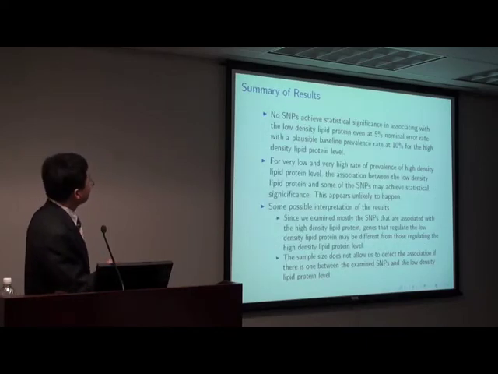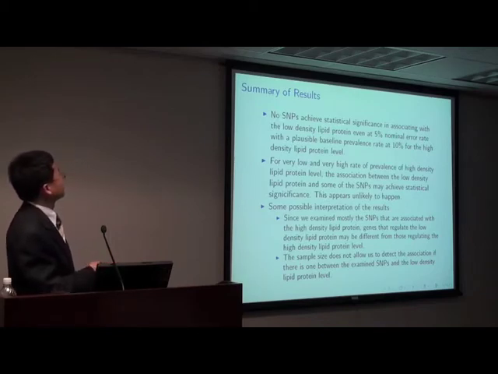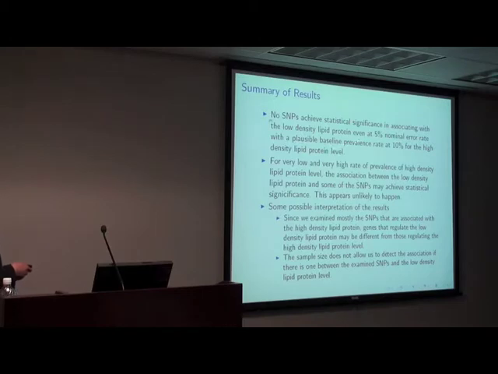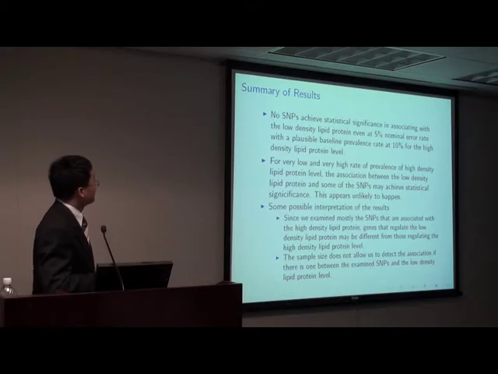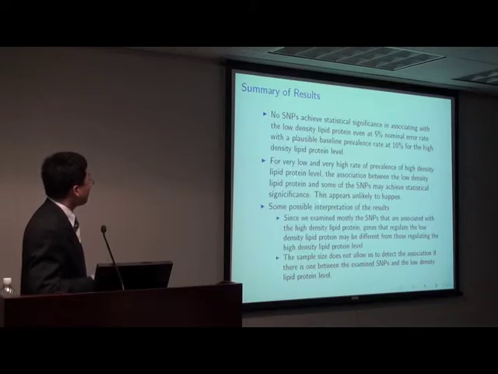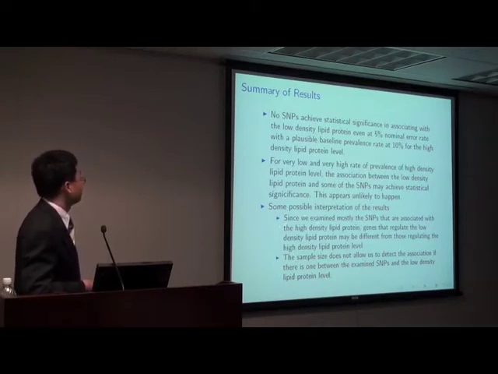This is the summary of this analysis. Here, we do not see any SNPs in this analysis, for this example, that achieve statistical significance, even at the 5% nominal error level. What does that mean? Basically, we have two interpretations to mention here.